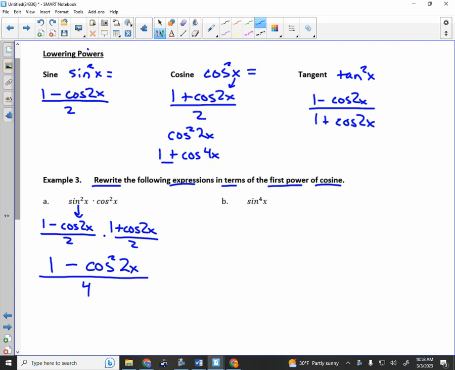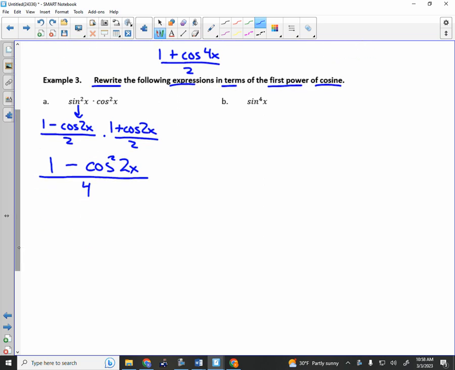It will just double, to 4x. So cosine squared of 2x is simply this. It's just the angle doubled. So we have another formula. Suppose it was cosine squared of 5x. Then it would be 1 plus cosine of 10x over 2. You just double the angle. Everybody see that? All right.